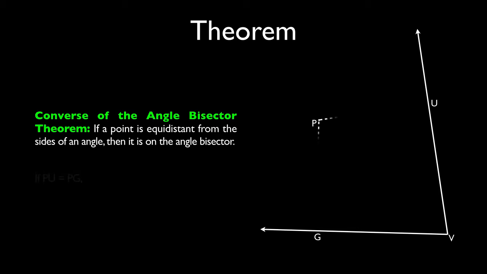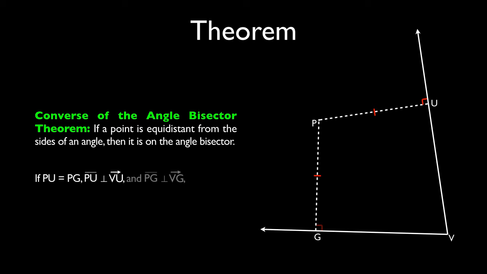In other words, if PU is equal to PG and PU is perpendicular to ray VU and segment PG is perpendicular to ray VG, then ray VP bisects angle GVU. So those are our converses. Let's take a look at how we can use them.